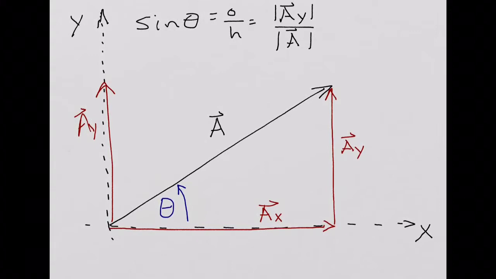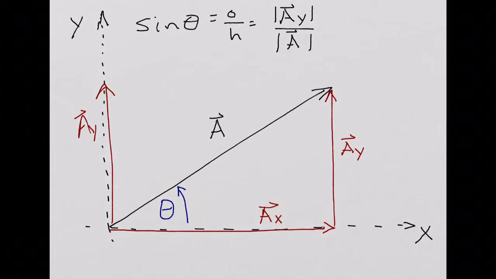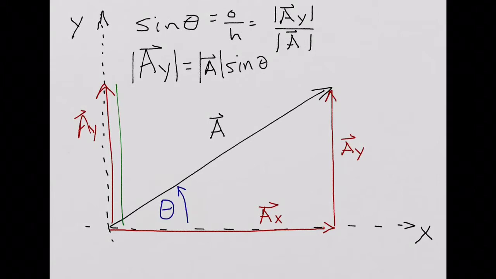So how long is the length? If I want to know then what A sub y is, I can just algebraically solve: the length of A sub y equals A sine theta. So that tells me how long is this vector in that direction.